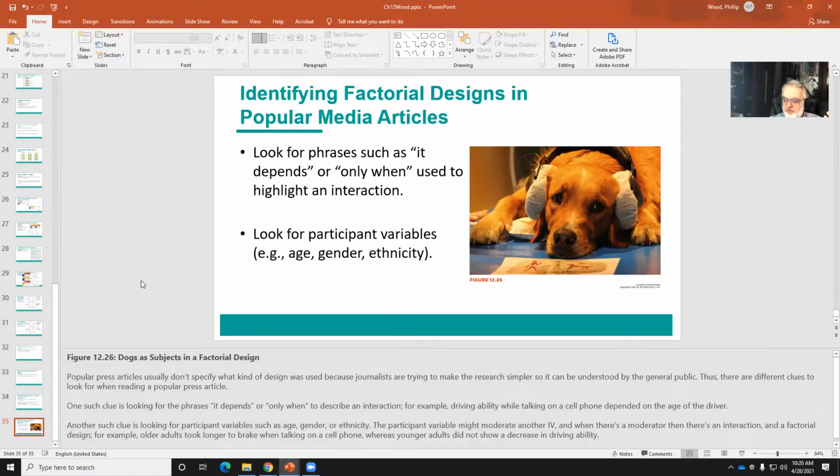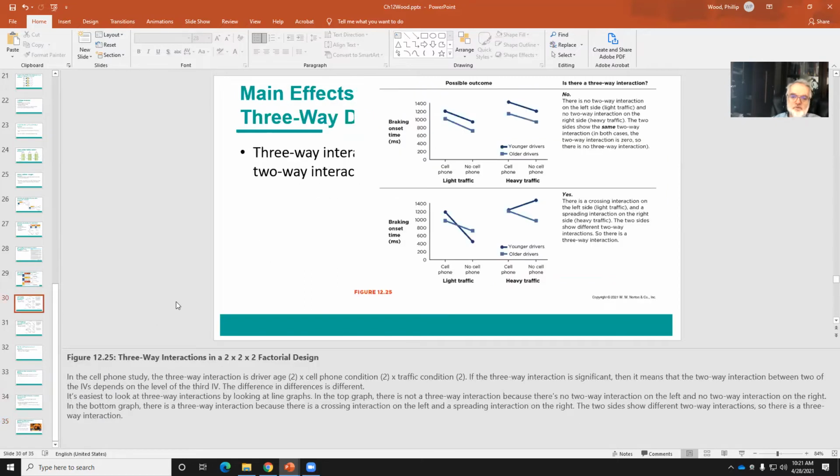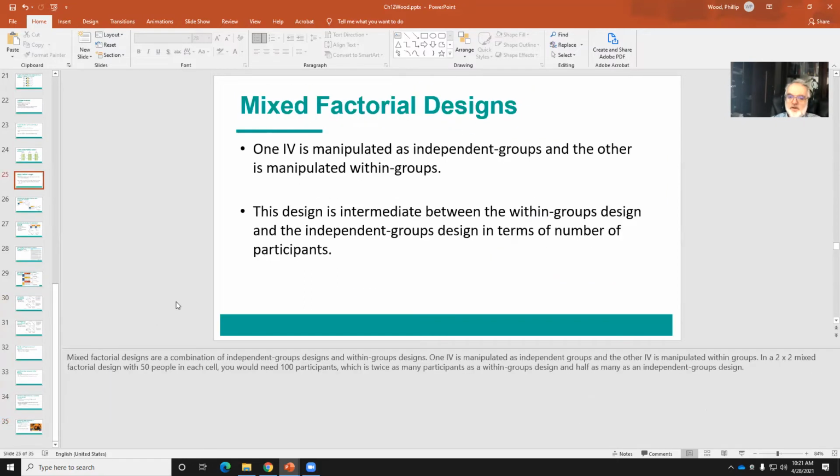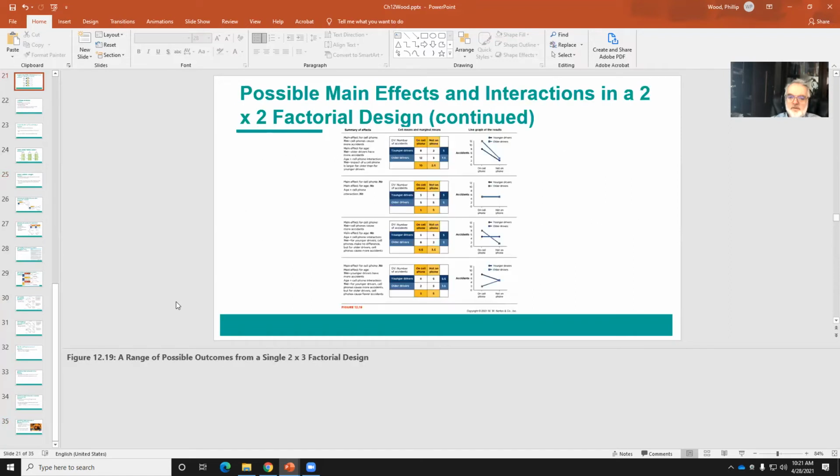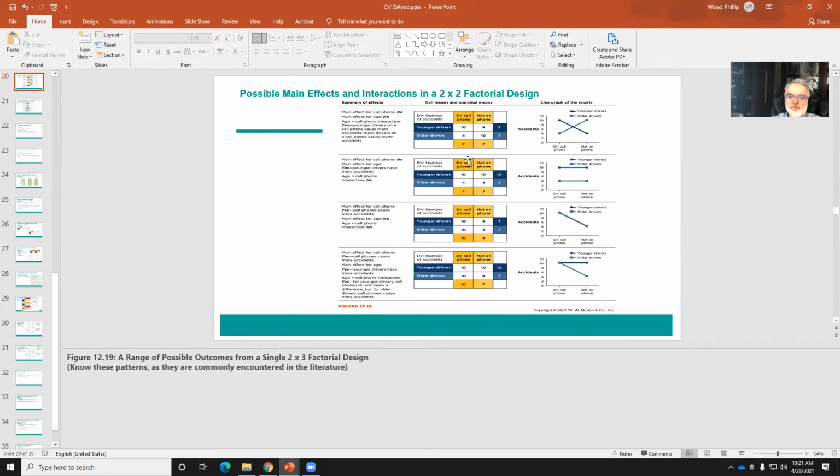So that wraps up for me what I had wanted to say from good old chapter 12. Are there any questions about this? And again, as I was mentioning before, the trick of this is kind of summarized in: know where your main effects are, know where your interactions are.